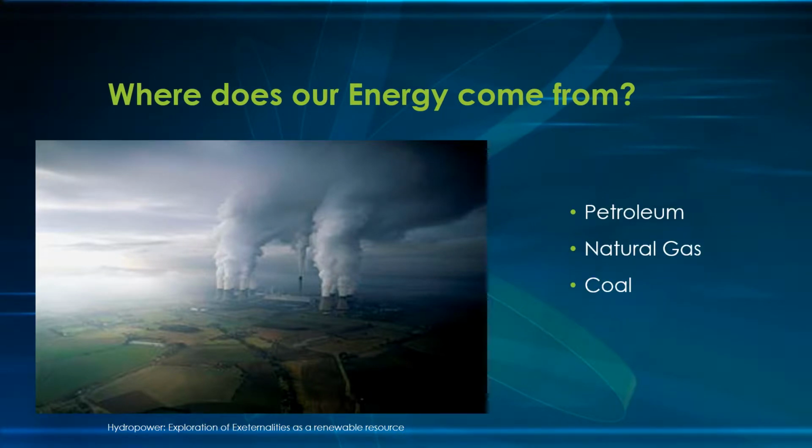Now that we have some background information on the history of hydropower and how a hydroelectric dam operates, let's talk about how hydropower fits into our national power grid. The United States, as with most countries, is heavily reliant on fossil fuels as a source of energy. Petroleum, natural gas, and coal are our top three main sources of energy.